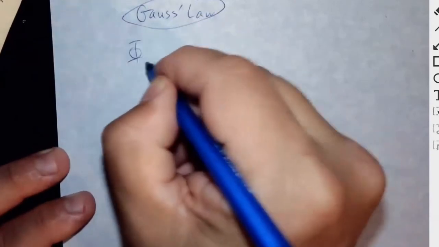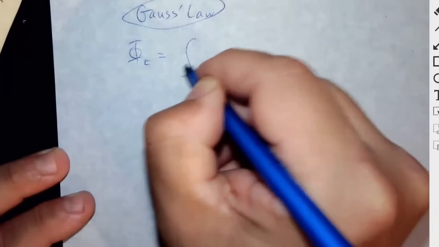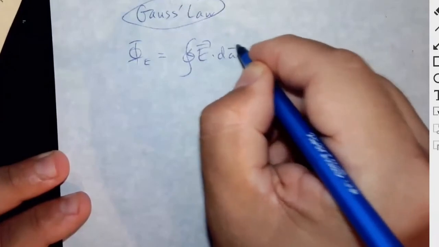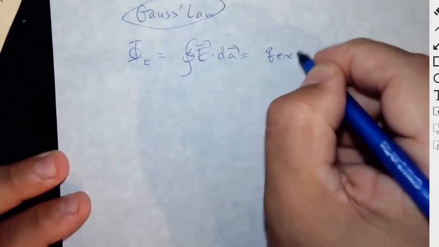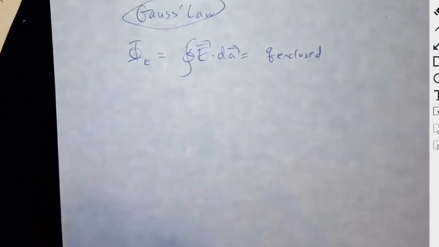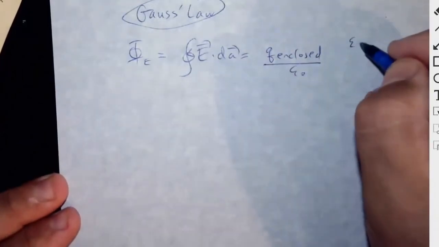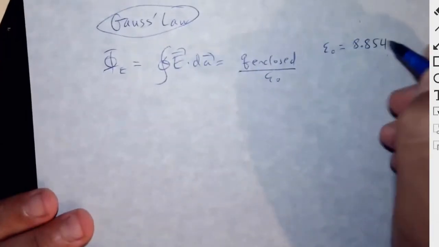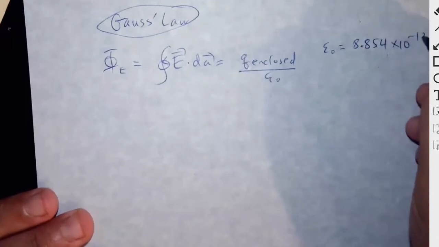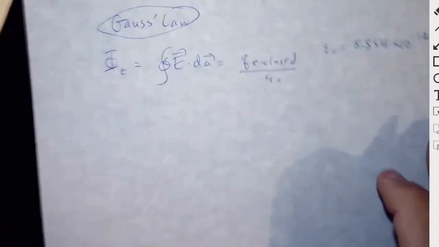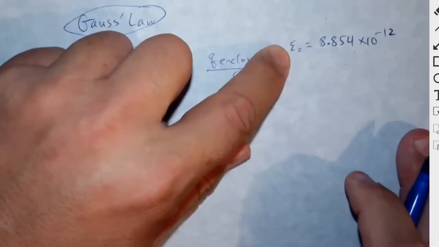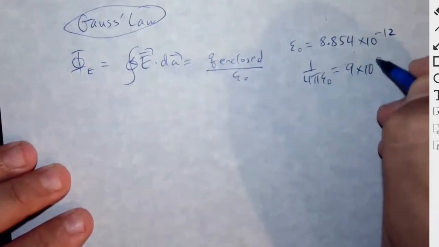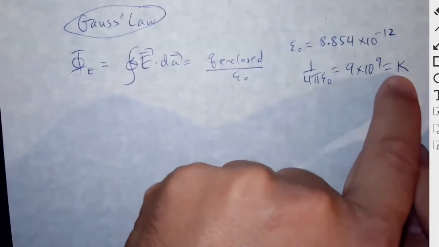Gauss's law is saying that the flux through a closed three-dimensional surface is equal to the charge enclosed in that surface divided by E0, the electrical permittivity, which is 8.854, I think, we saw that earlier, times 10 to the minus 12. And remember that the electrical permittivity is related to the Coulomb's constant. 1 over 4 pi E0 is 9 times 10 to the 9th. So it's equal to the Coulomb's constant.